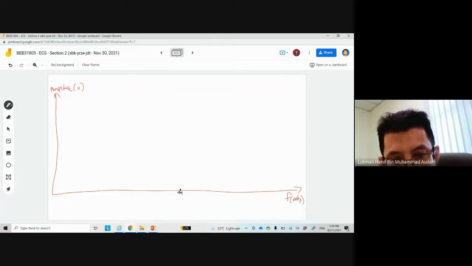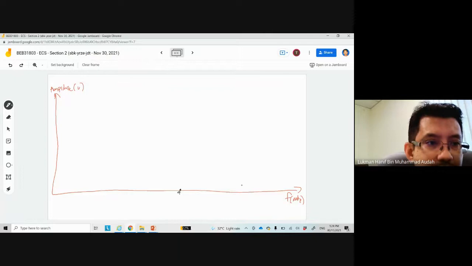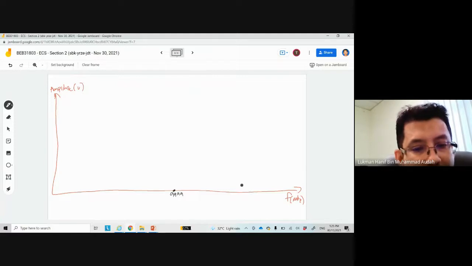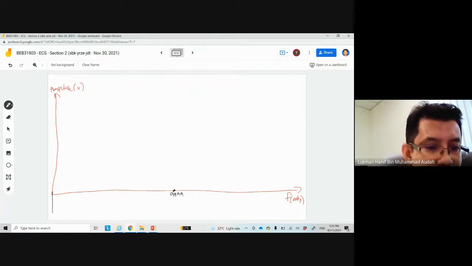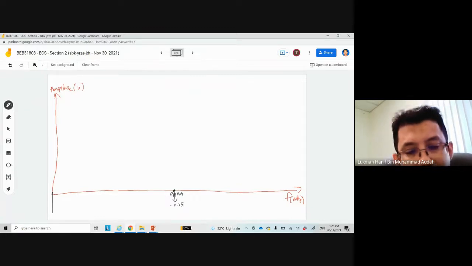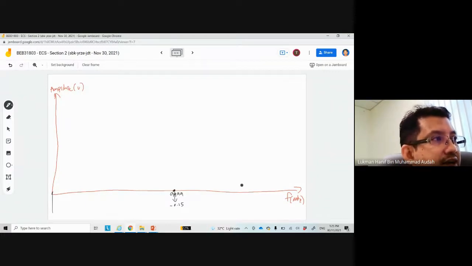The center is 99.99. The center is negative, but that's okay, we can draw it downward a bit like this, negative 0.25. And then at the frequency of the first sideband, 99.994, the amplitude is 2.5.